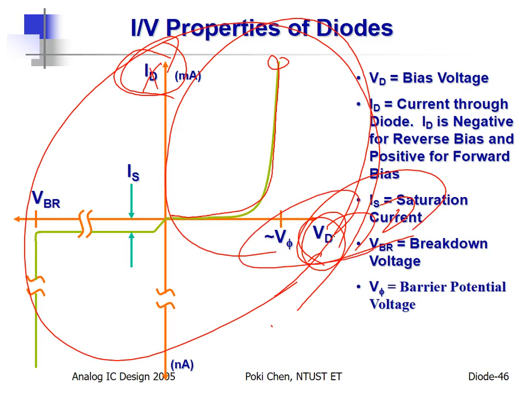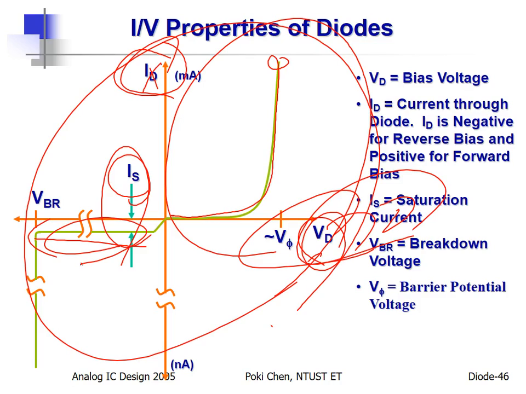And how about the reverse bias? I told you already, right? After reverse bias, you get the drift current, which is almost saturated, because the further you increase, it doesn't get much more increase in reverse current. So it is almost saturated.